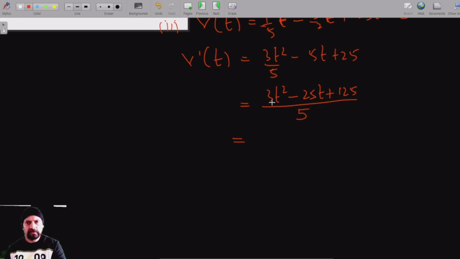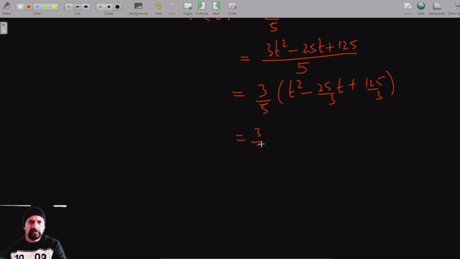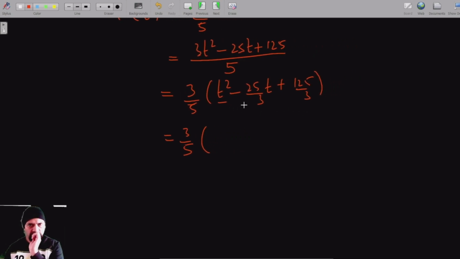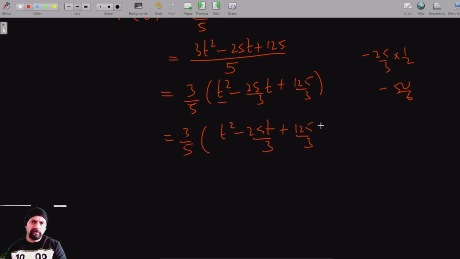If I take 3 common, this is 3/5 times (t square minus 25/3 t plus 125/3). Now, using completing the square, I want to get it in the form (t minus b) the whole square.